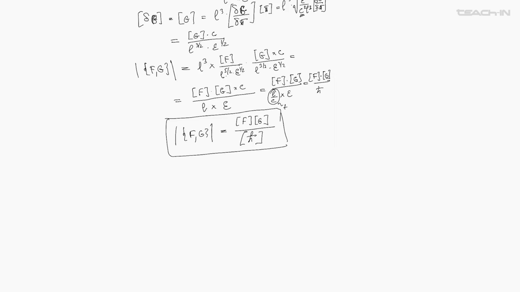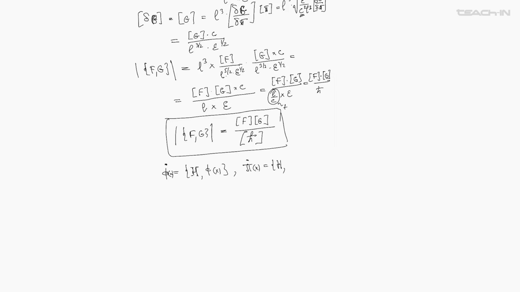And the evolution of our field phi will be given by the Poisson bracket of this field with the Hamiltonian. And of course, the same holds for the momentum of this field. And these are Hamiltonian equations of motion.